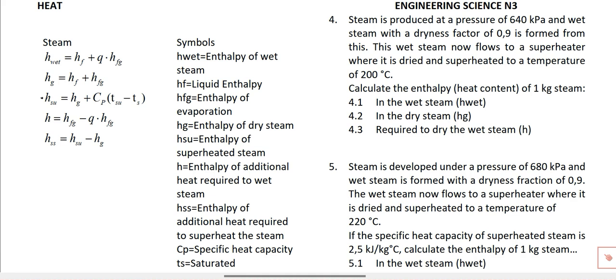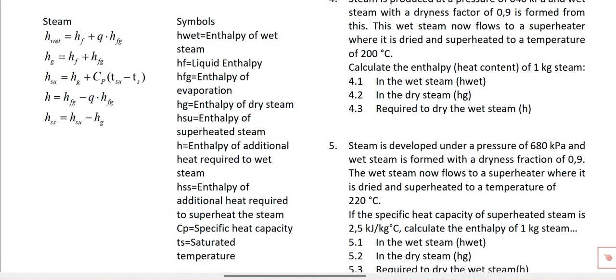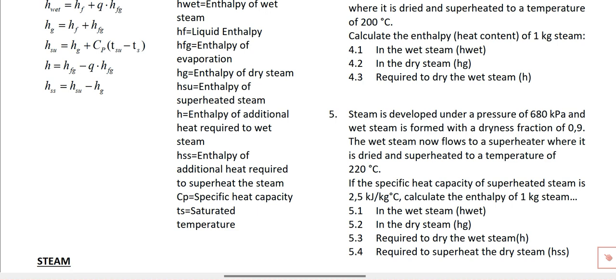So we do have one for superheated steam and one which is required to superheat steam. You need to make sure you know your formulas. I think the only thing I may not have written here is that Q is the dryness fraction. Sometimes they will say factor. Yeah, so that's as much as you need to know.